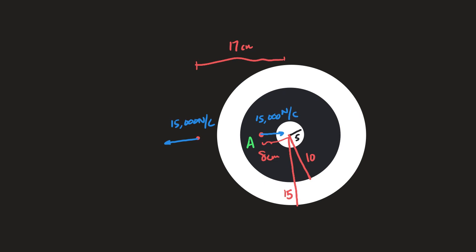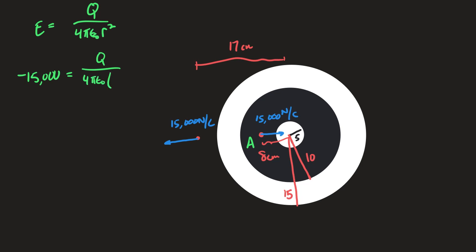We don't have to do anything though but treat it like a point charge, which means my electric field can be simply equal to Q over 4 pi epsilon naught times R squared. I can treat the whole thing like a point charge. The fact that the electric field is towards the center means the electric field is negative 15,000 newtons per coulomb.